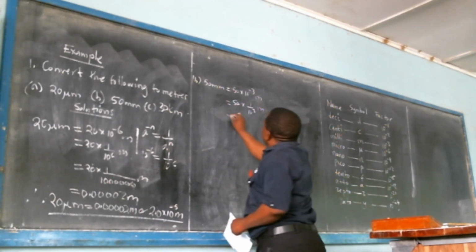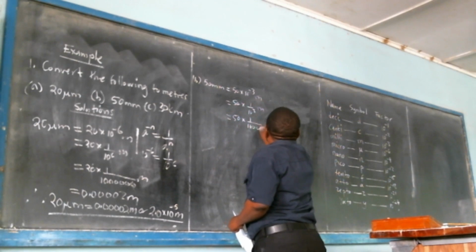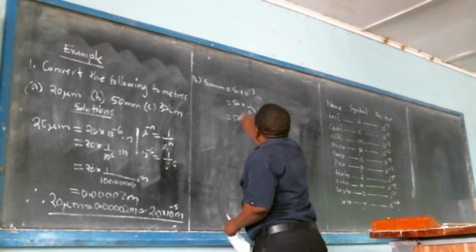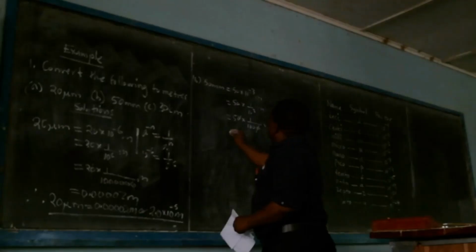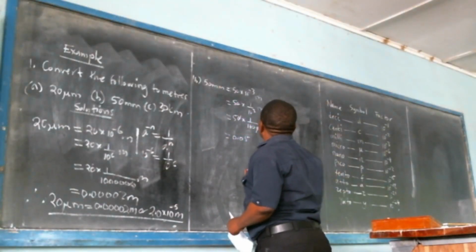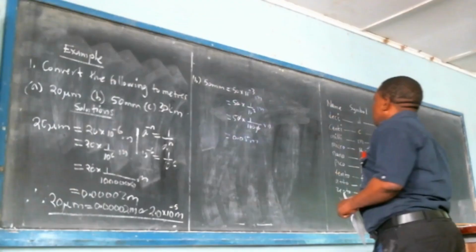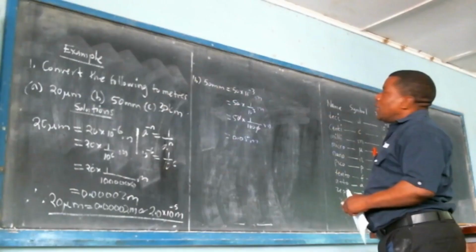The meter, divided by 10, then this will give us 0.05 of a meter.